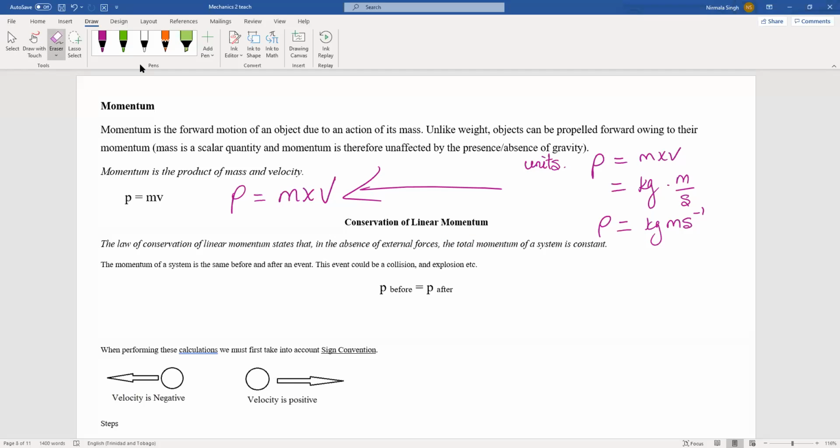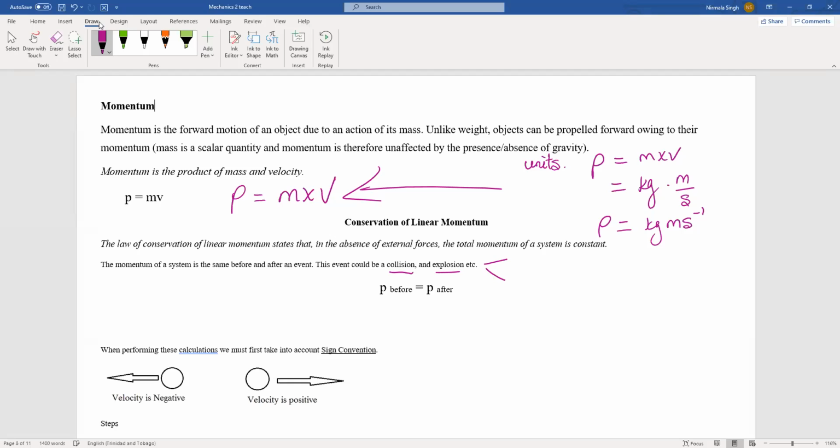So the momentum of a system, continue reading from the handout. The momentum of a system is the same before and after an event. The events that we look at in this topic will be things like collisions and explosions.